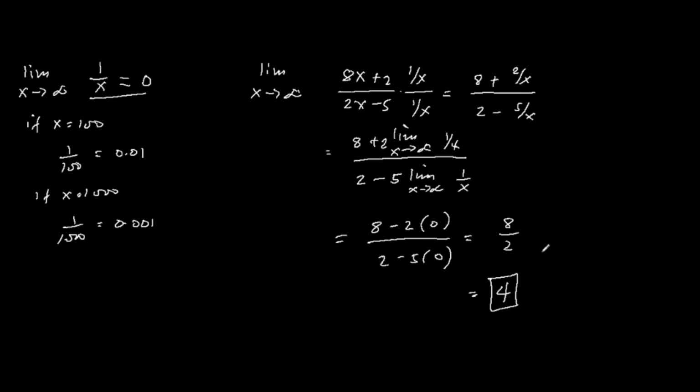So therefore, the limit as x approaches infinity of x plus 2 all over 2x minus 5 is equal to 4.